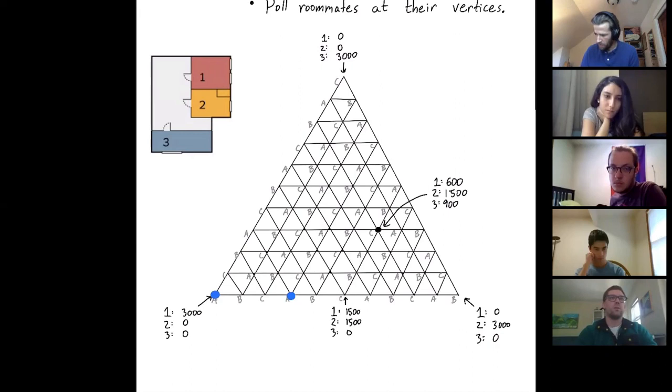Maybe here they prefer the orange room because the orange room is pretty cheap. So we go through and we ask roommate A what rooms they prefer at their chosen vertices. Do the same for roommate B. Roommate B has some room preferences. Roommate C has some room preferences, so let's ask roommate C.